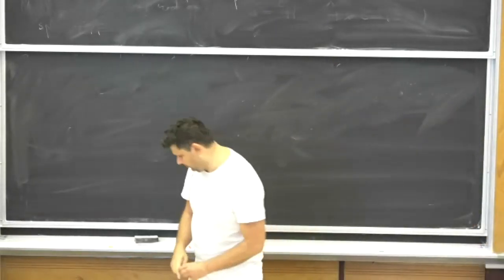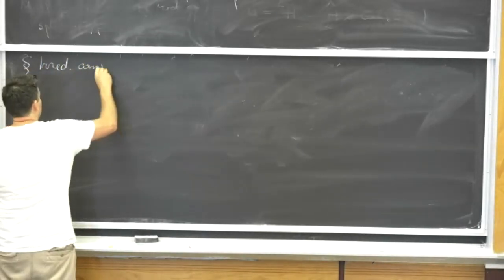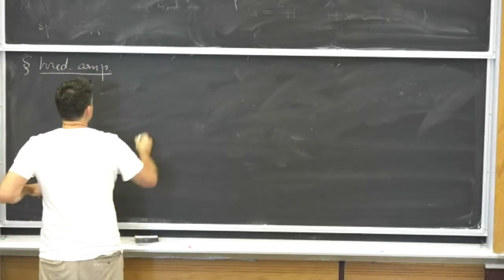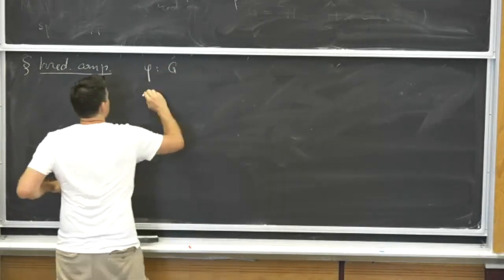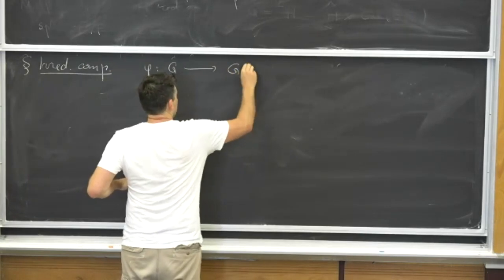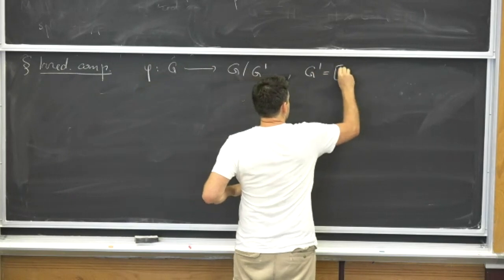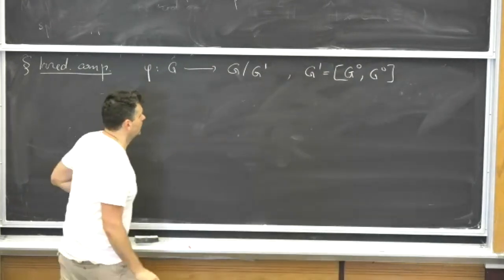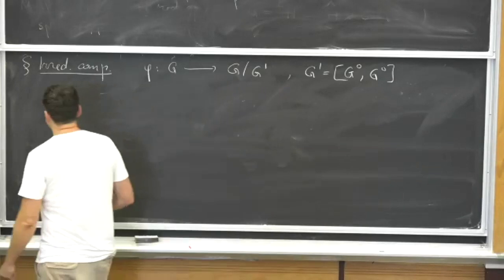We want to study the general problem, where you're splitting up into two parts, so you have a quotient G modulo G prime. This G prime is the derived group of the connected component. So now, if I look at G modulo G prime, the connected component of this is the same as G0 modulo G prime.